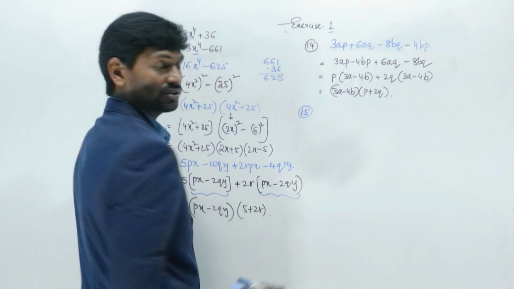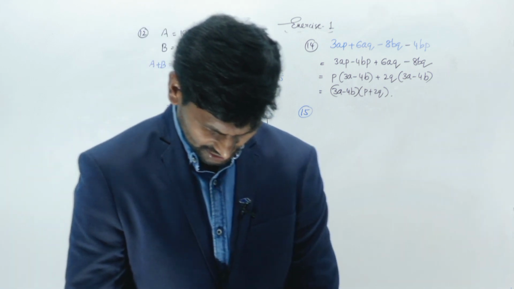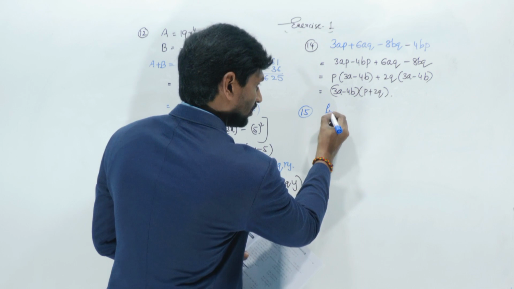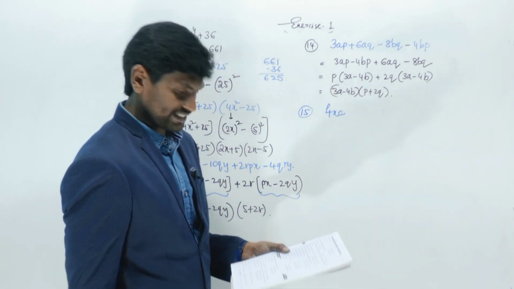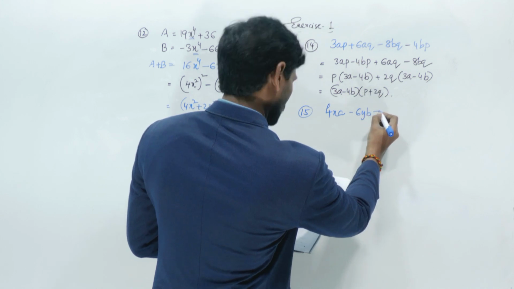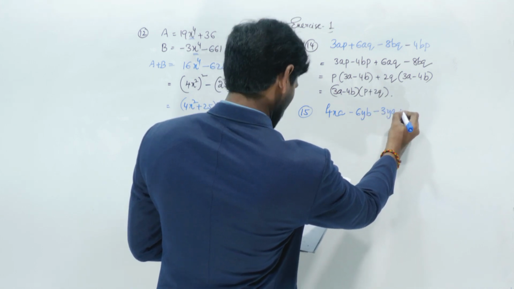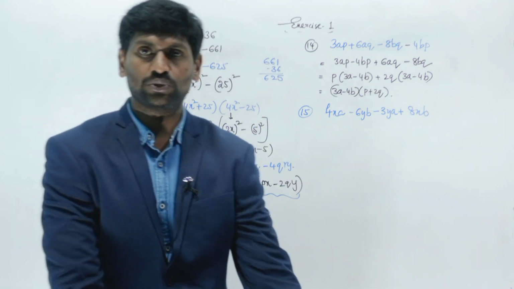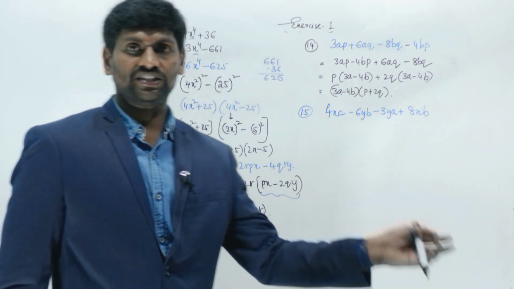Question number 15. Let us see that one. The simplified form of 4xa minus 6yb minus 3ya plus 8xb. Simplified form is nothing but its factorization only. Okay, check this one.